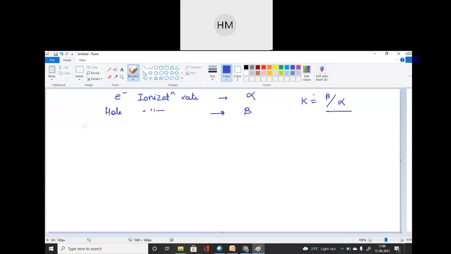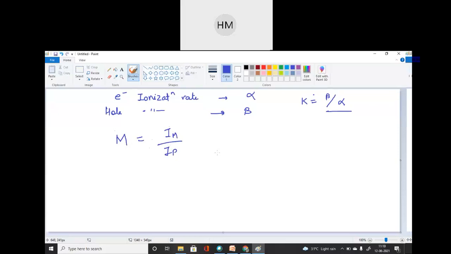Now one more important factor that we are continuously saying: multiplication is taking place, carrier breakdown takes place. So this multiplication M, you can write, for all carriers generated in the photodiode is defined by Im upon Ip.